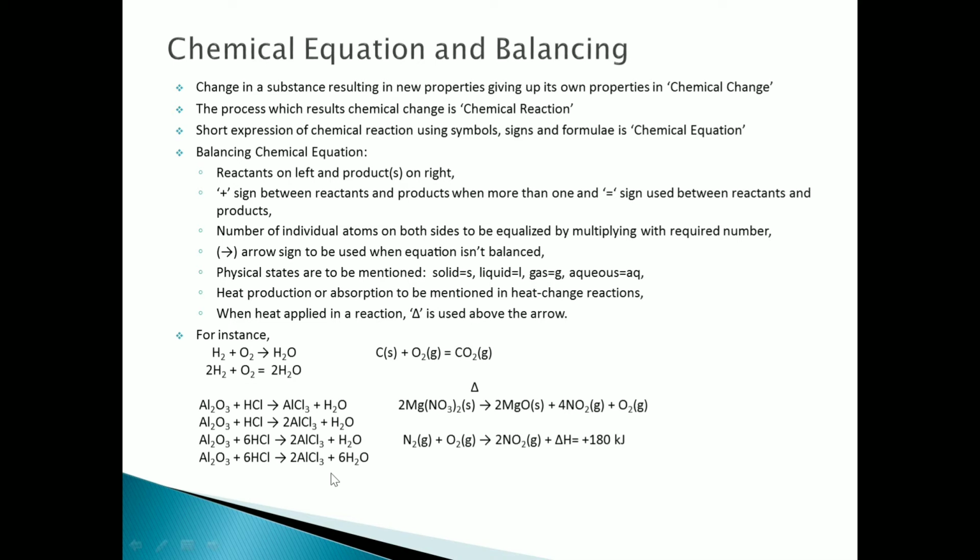Sorry for the problem. Now on to using the delta sign and heat change. As I said before, when heat is applied in a reaction, delta is used over the arrow. This delta is placed over the arrow, as heat is a catalyst over here. And what is a catalyst? A catalyst is a particular substance which helps to speed up the reaction, or it helps to complete the reaction.